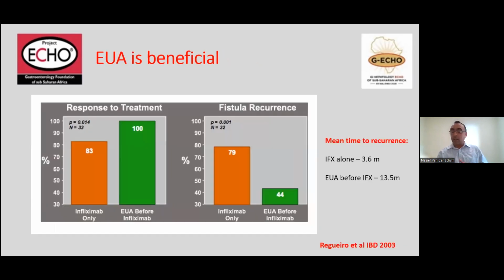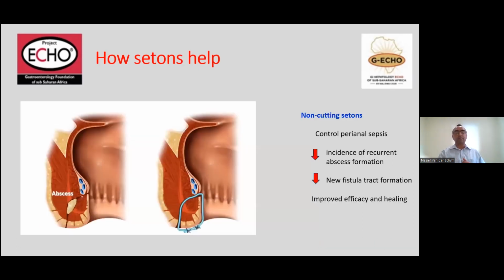An EUA done before treatment with infliximab was shown to be beneficial in this 2003 study, where an examination under anesthesia before infliximab was associated with a superior response to treatment and a longer duration before fistula recurrence, compared with patients who didn't have the EUA. Hence, once again, highlighting the importance of doing an examination under anesthesia.